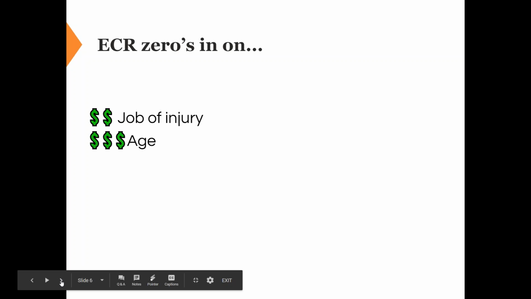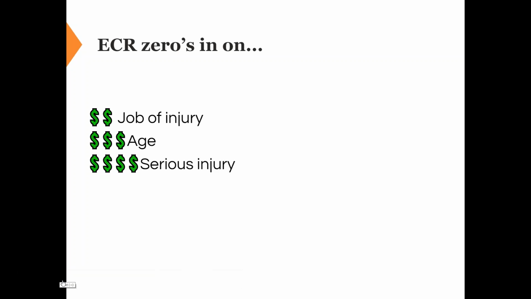If you've got an aging workforce, they generally don't heal as quick. The claims are a little bit more expensive, so you're going to see that impact your reserve. Serious injuries take a big hit. But if the claim comes in and looks serious, and then after time it doesn't look like there will be surgery, we have seen ECR be a little bit more forgiving in that situation.